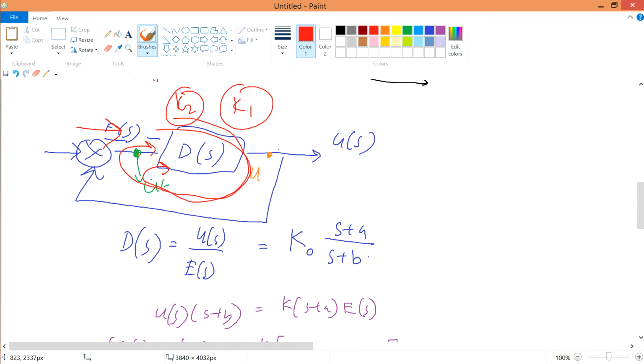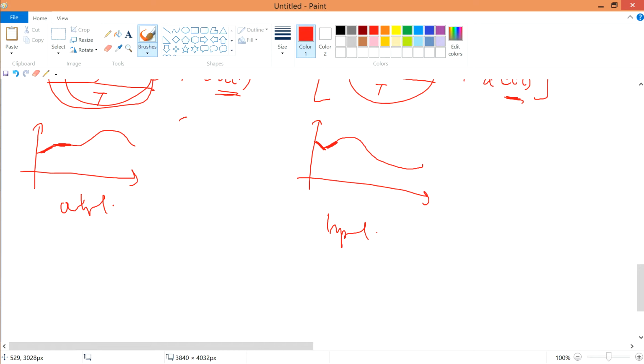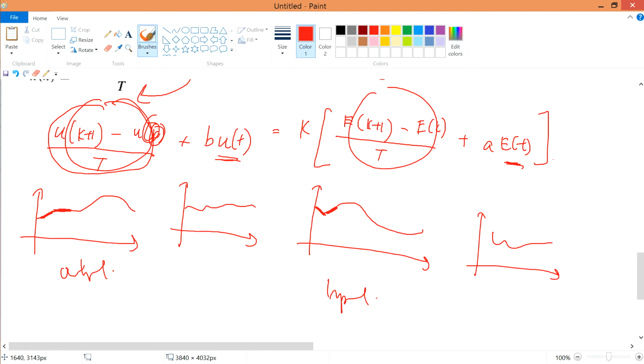E(s), if you're talking about the time domain, is actually e(t), and U(s) in the time domain is actually u(t). That's all. So when you draw the graph from here, maybe u(t) is something like that, and e(t) is something like that. This gives you a very clear look at each of their own graphs, and you can know how the changes have occurred within each of the systems.